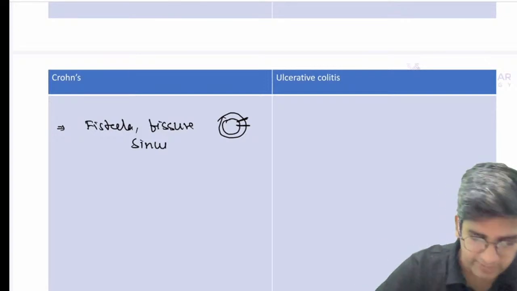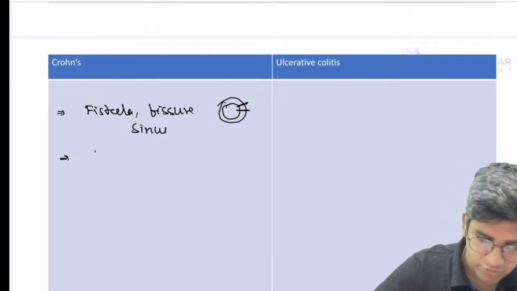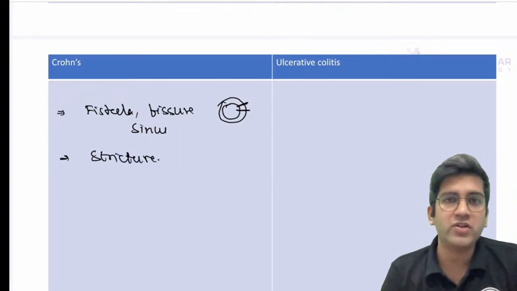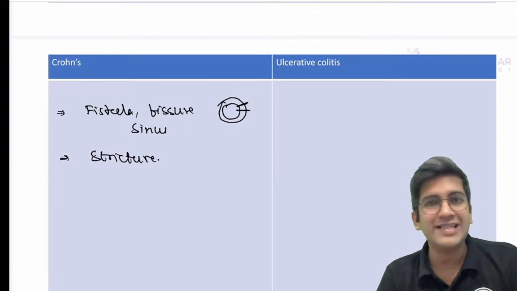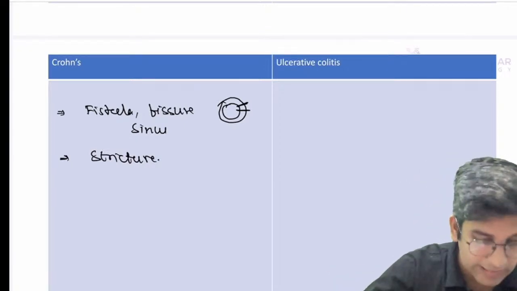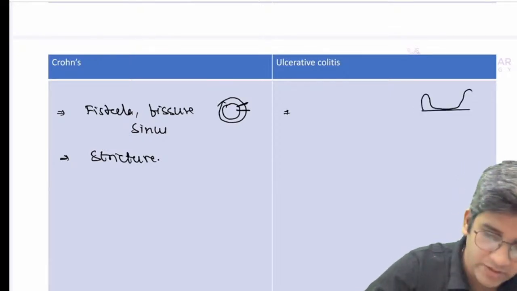Once it heals by fibrosis, it will form a stricture. Okay, Samantha, why backwash involvement of ileum in a colonic lesion? Why skip? It is because it's very, very extensive. If it's not skipped, the patient dies in a day. Fine. Ulcerative colitis, because it's a superficial mucosal involvement, right, like this.